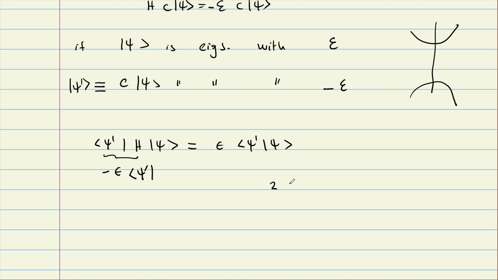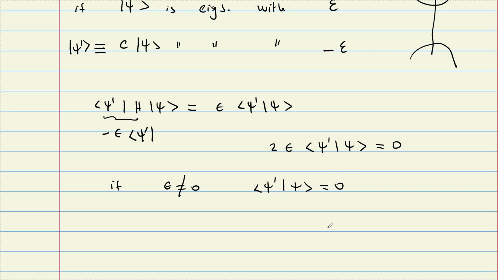It's going to be 2 epsilon psi prime psi equal to 0, and if epsilon is non-zero, psi prime and psi are distinct states. They are different states.